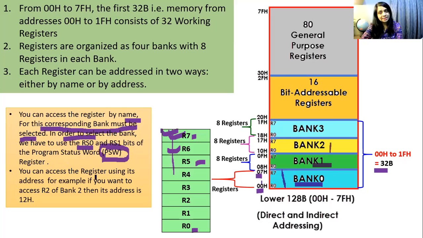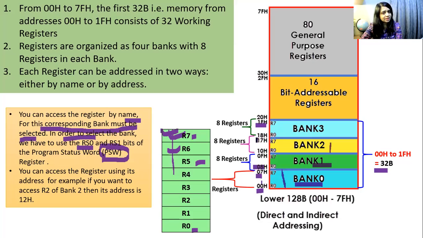You can also access the register using its address. You can see 1F. If I write 1F, 1F means the R7 register of bank 3. Or if I say 00, 00 means the R0 register of bank 0 directly. If I say 08, 08 indicates the R0 register of bank 1.